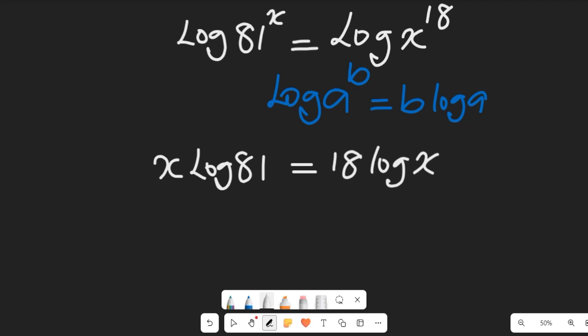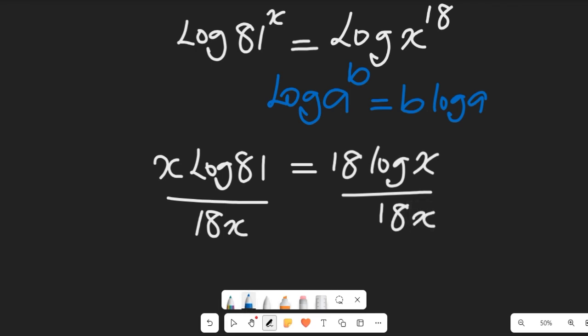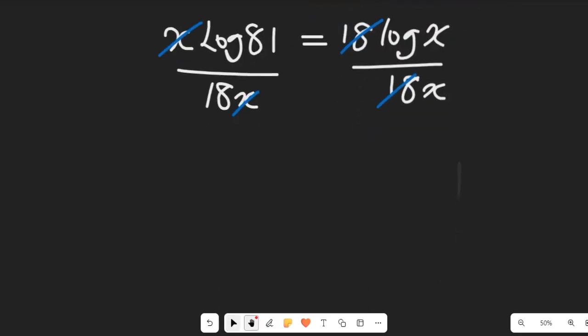Great. Now if we want to do one unique thing, I can divide both sides by 18x. If I divide both sides by 18x, x will clear off x, and 18 will clear off 18.